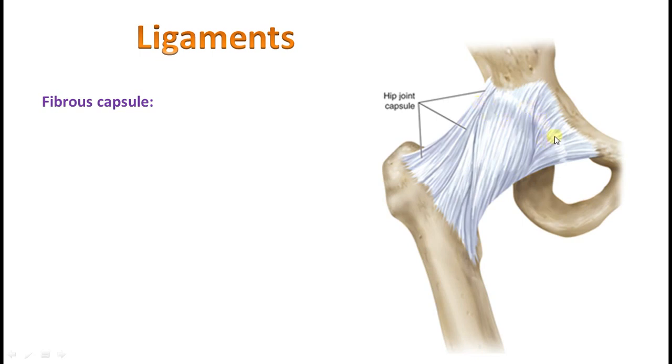That is superiorly or proximally. Distally, the capsule extends not only to the head but also along the neck of the femur and attaches to the intertrochanteric line, the base of the greater trochanter, and also the lesser trochanter.